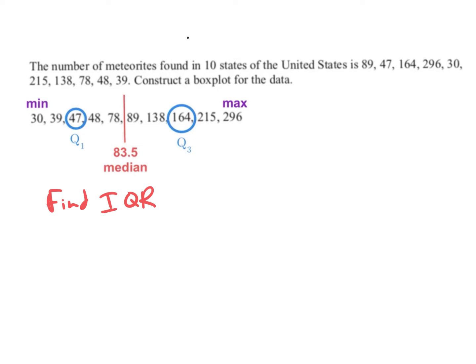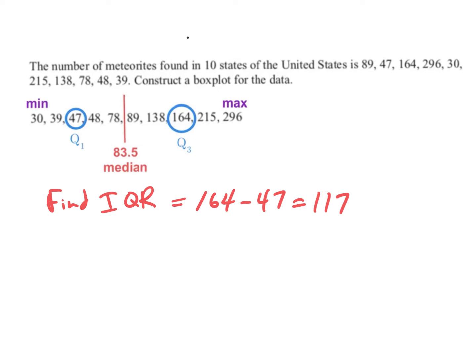And how do I do that again? Q3 minus Q1, which is, in this case, what? What is 164 minus 47? 117, that is correct. Okay, 164 minus 47 is 117. So here's the next part. You have to multiply that by 1.5.